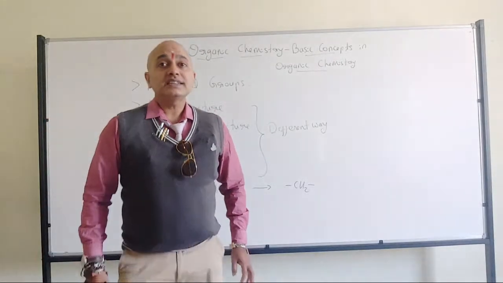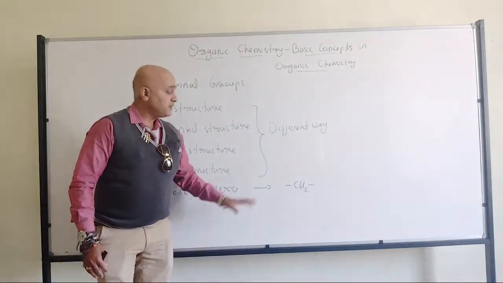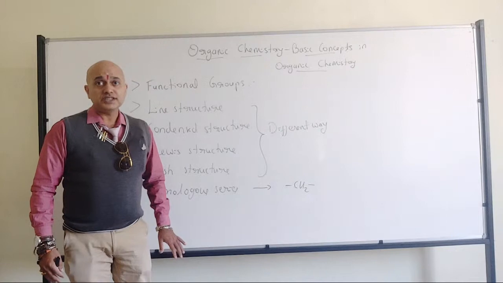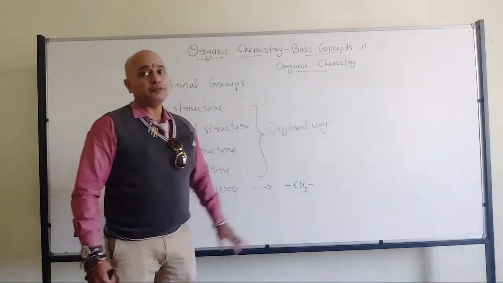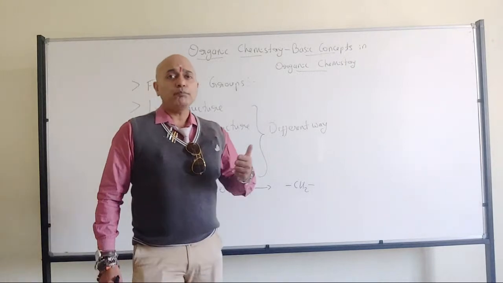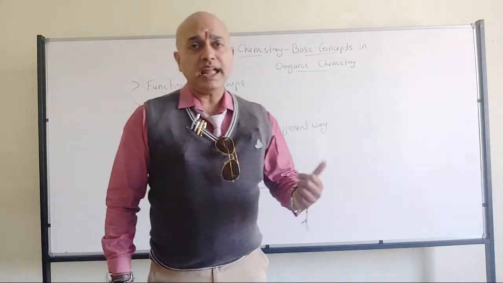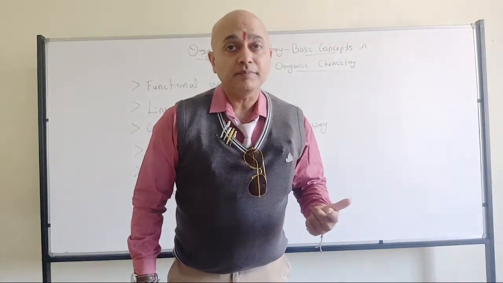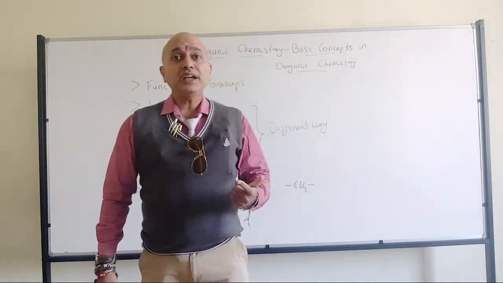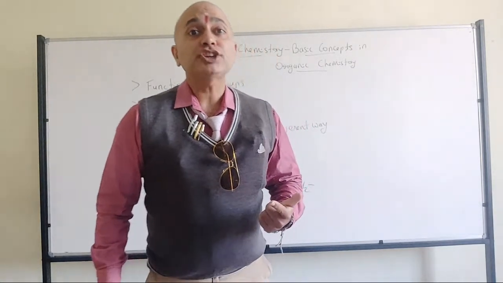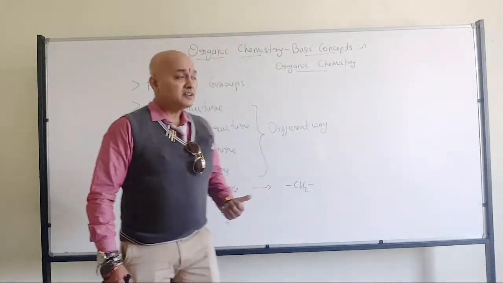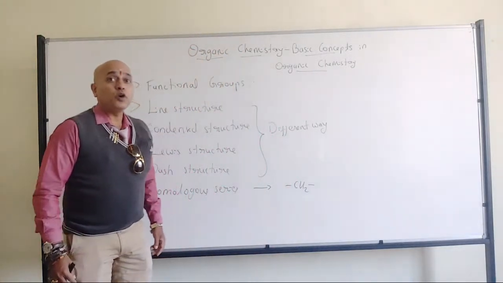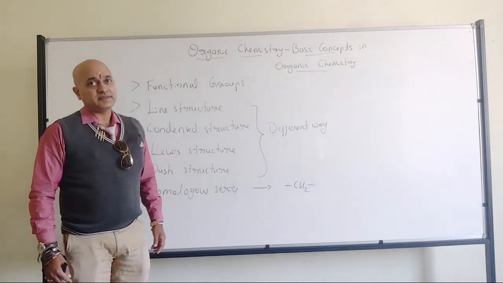For example, we have propane and butane. Butane has one extra methylene group compared to propane, right? So that's where we have the homologous series.